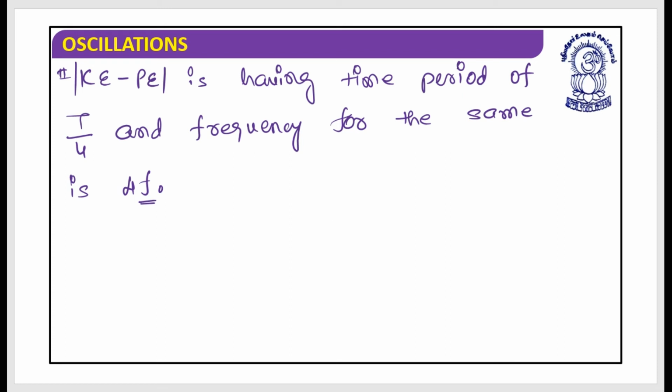This is the difference between kinetic energy minus potential energy. I hope this is clear. So the mod of kinetic energy minus potential energy has a time period of T by 4, and frequency for the same is 4f. Is it clear? Are you sure?